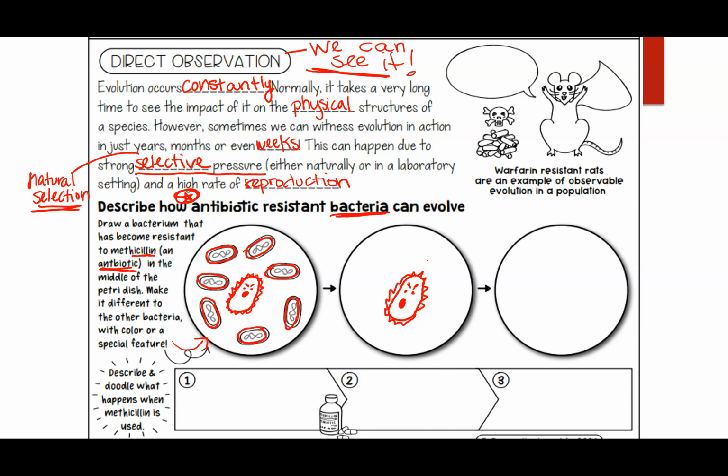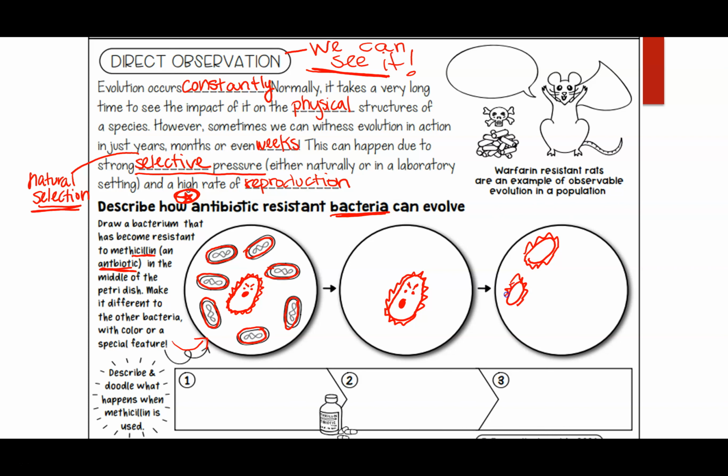Okay, now how do bacteria reproduce? Do y'all remember? They just split in two. Do they need a partner to reproduce? No. Okay, so this guy right here is free to do whatever he wants. He's survived through the methicillin attack, and now he's going to reproduce, and there's going to be a lot of him all over the place.